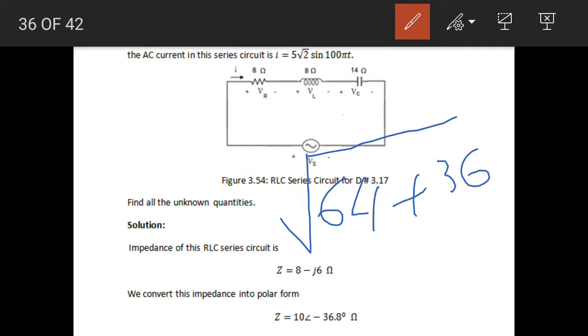And XL minus XC is 8 minus 14, whose square is 36. So the impedance of this series combination is 10 ohm, right? So the magnitude of this impedance is 10 ohm.